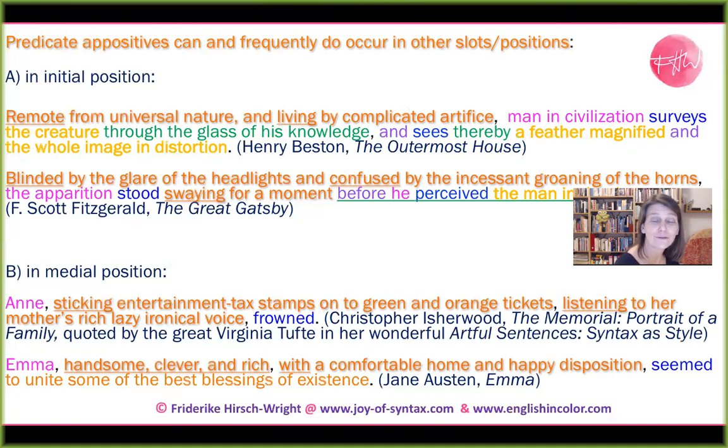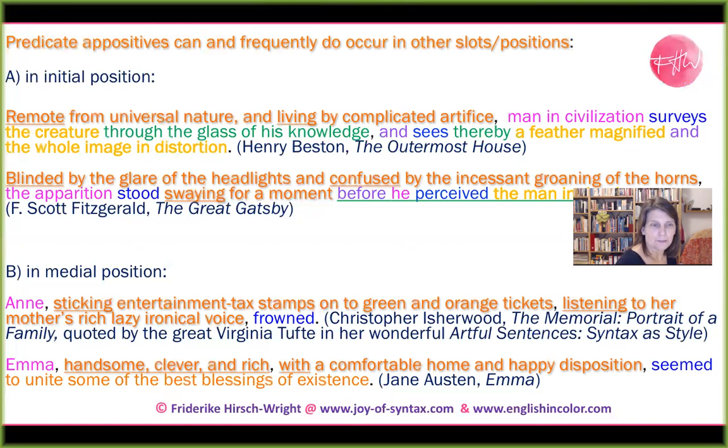So we have blinded and confused as the heads of the structures. And then we have another one in final position. So the main clause, the apparition stood, is framed by these two structures. And then an adverbial subclause is added.